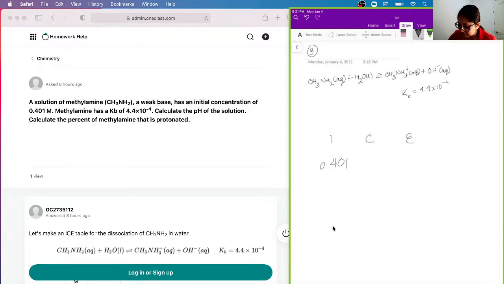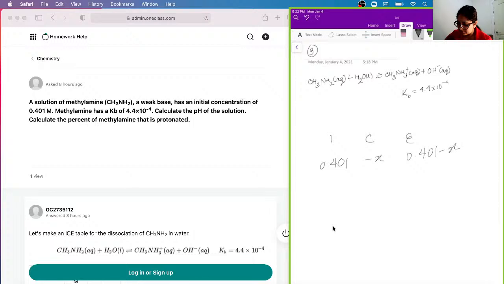And our change in this case is negative x, since we are going from reactants to products, so your reactants are always negative. And then we have our equilibrium, which in this case would be 0.401 minus x.